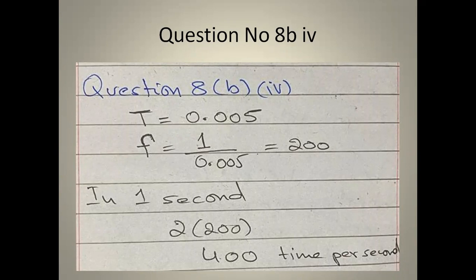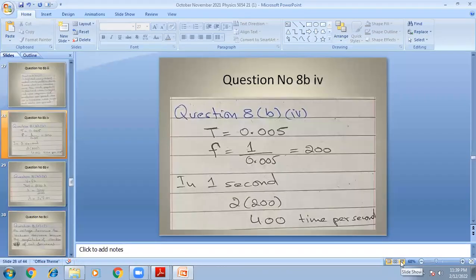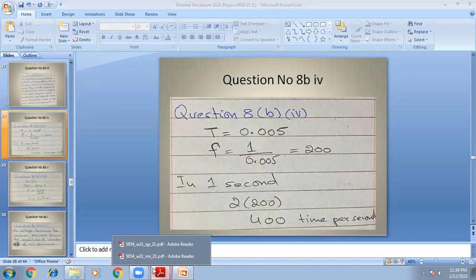So in 200 vibrations, 2 multiplied by 200, that's 400 times in 1 second, the direction of the motion will change.